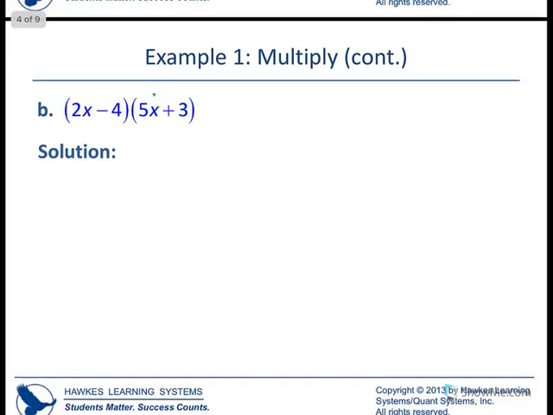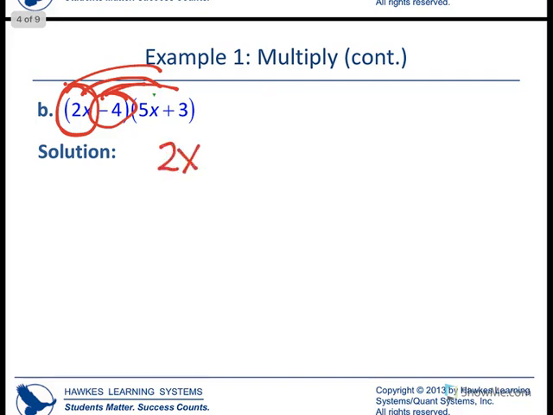Okay, so I'm going to take the first term and multiply that by this term and this term. And then I'm going to take this and multiply it by this term and that term. So I'm going to write this out and show you what it's going to look like.